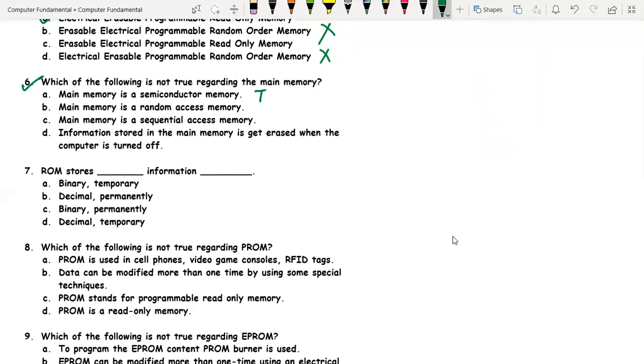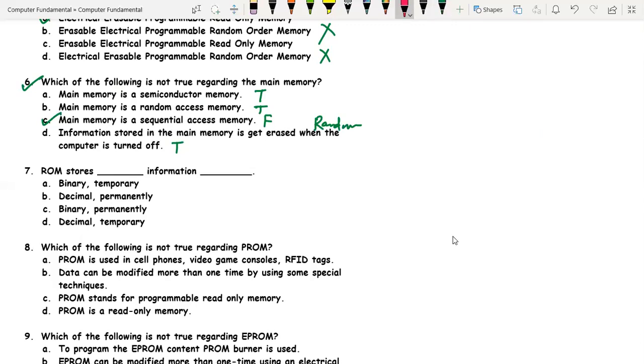Main memory is a random access memory. You already know this thing. Information stored in the main memory gets erased when the computer is turned off. That is also true. So the correct option is main memory is sequential access memory, because the main memory is the random access memory, not sequential.